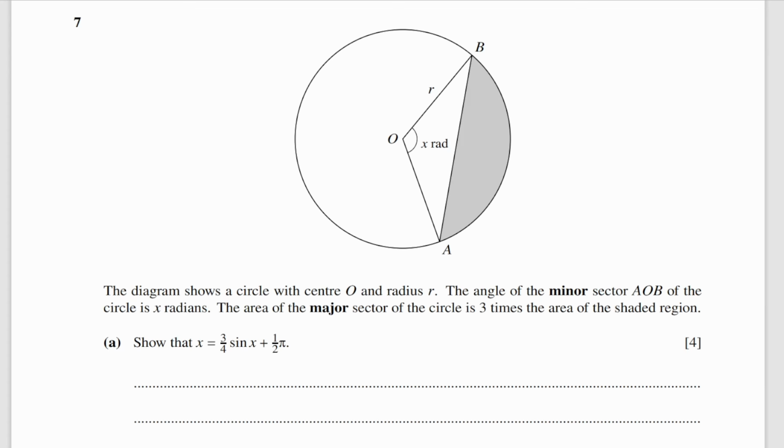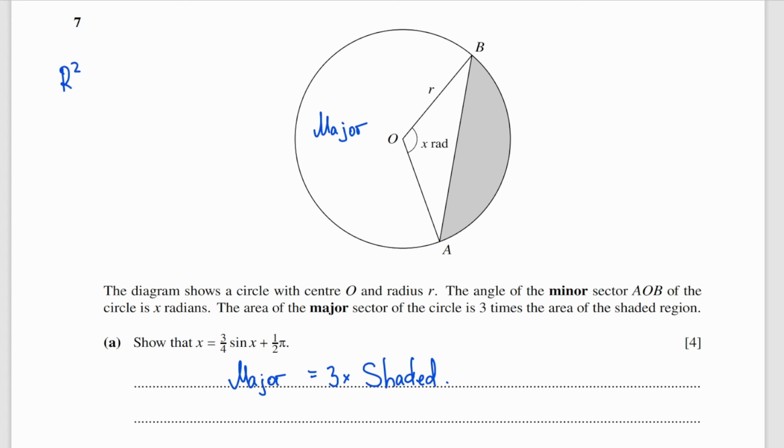Right, question 7, again about trigonometry. So the major sector is here. And we know that the area of the major sector is 3 times the shaded. First of all, how can we find the area of the major sector?